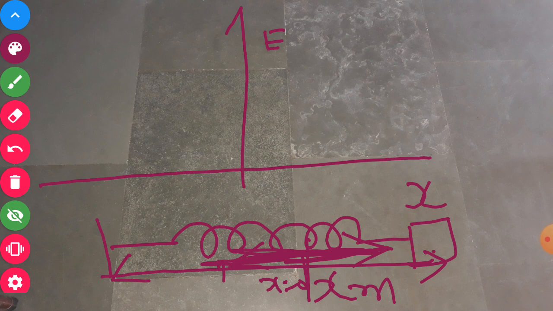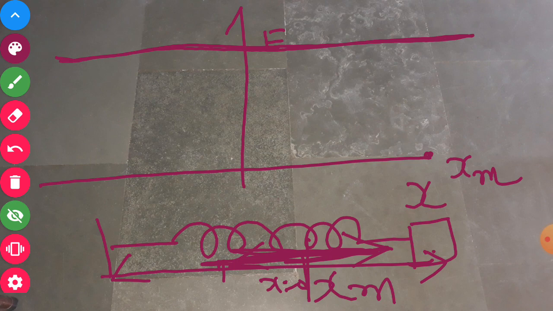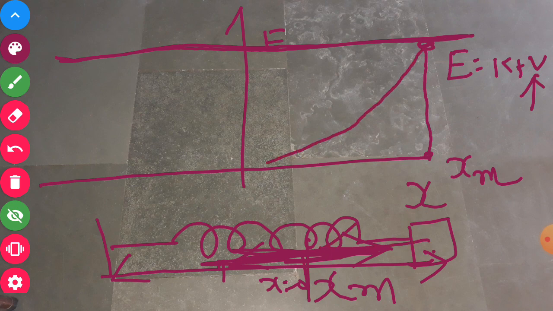So initially it is at the maximum position xm, and for xm the energy stored is in the form of total potential energy. Total energy is kinetic energy plus potential energy, and here the energy is totally potential energy. Now when it comes towards the mean position, its potential energy gradually reduces.